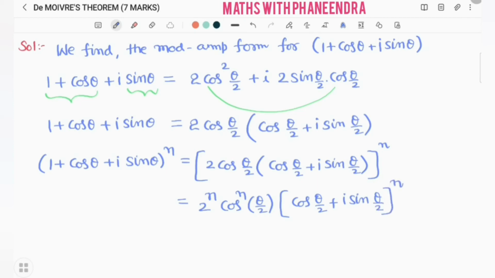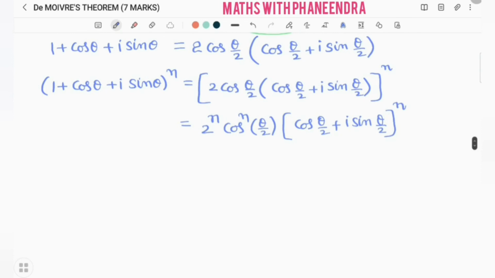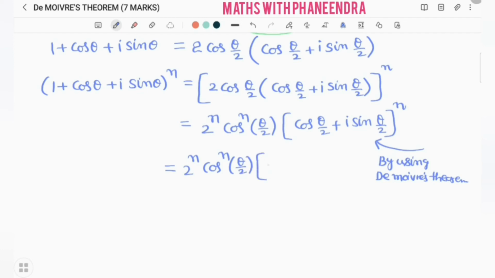whole power n. So, by using de Moivre's theorem, it becomes 2 power n into cos power n theta by 2 into (cos n theta by 2 + i sin n theta by 2).